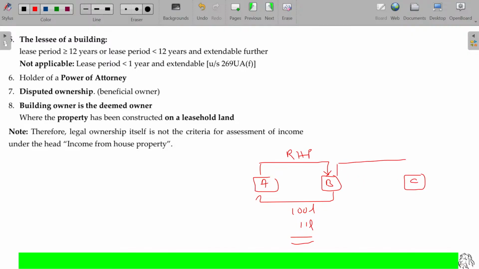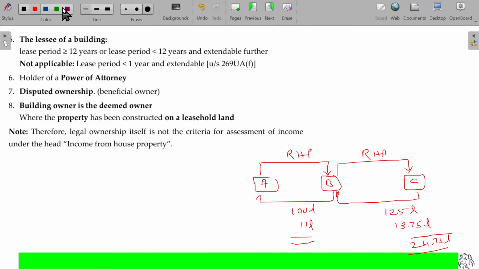He wants to sell this residential house property later. He sells the property to C later on for 125 lakhs. After transferring, to register in the name of C, C has to pay again 11% on this consideration. What is that value? Around 13.75 lakhs. So the overall tax paid in this transaction is 24.75 lakhs.